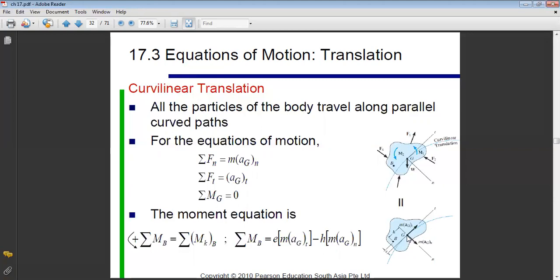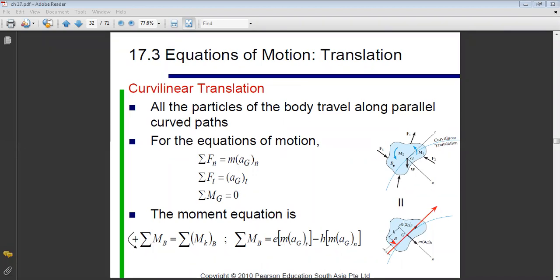You can see that m a_G tangential is producing a counterclockwise moment, which I consider positive. So it's plus m a_G tangential times the perpendicular distance between point B and its line of action. This distance is equal to e, so I have e times m a_G tangential.